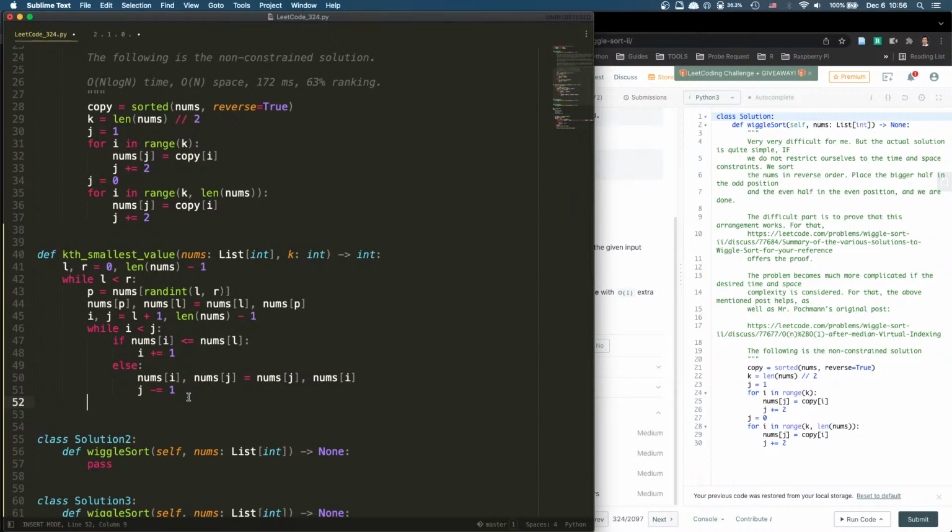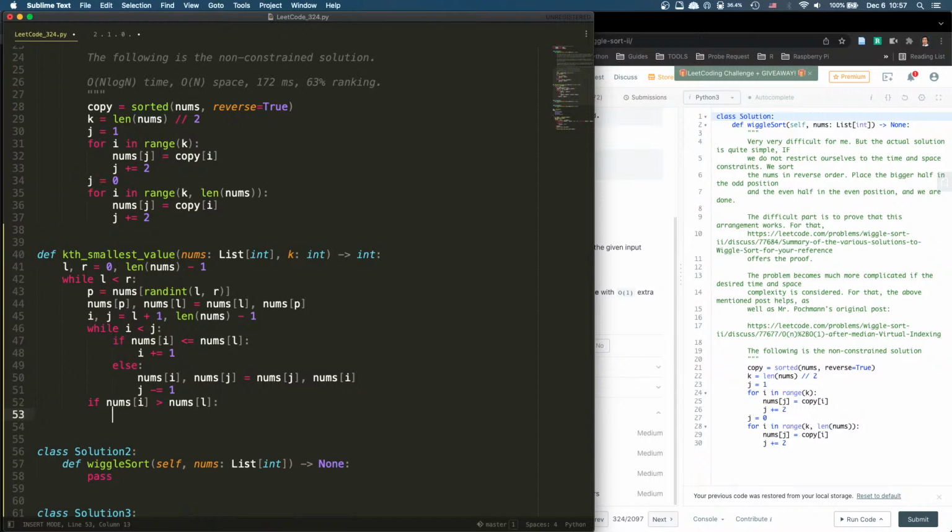Because when we get out, it could be j minus 1 to get out, or i plus 1 to get out. So we're going to check. I'm going to say if when we get out, nums[i] is larger than nums[L], then i minus equal 1. Otherwise, i stays the same.